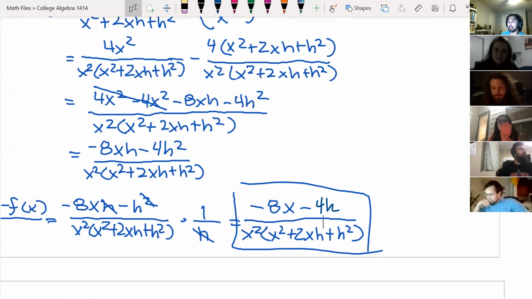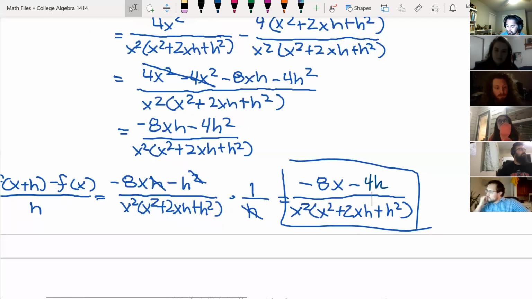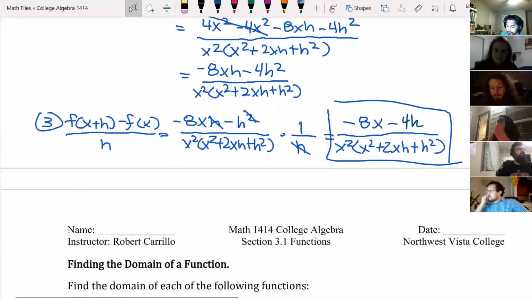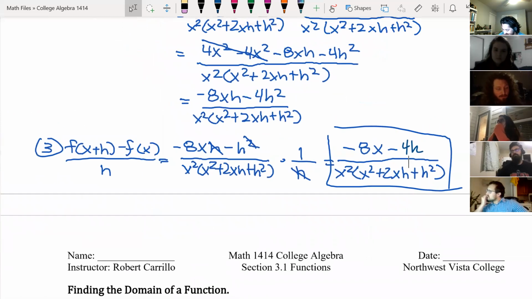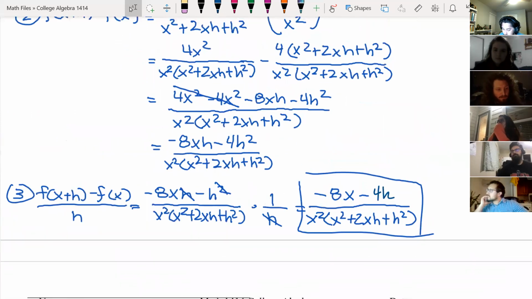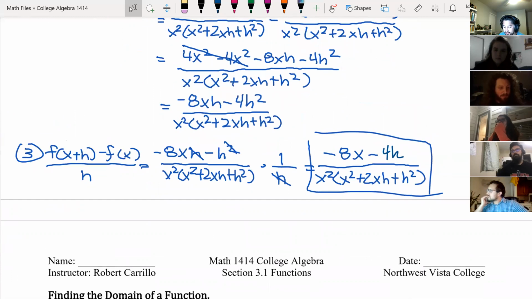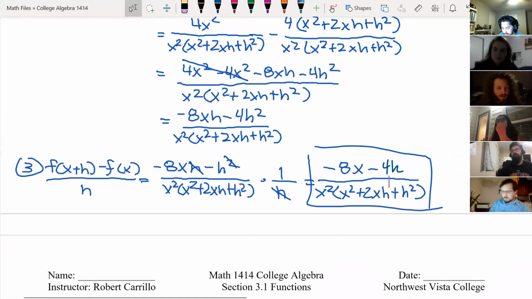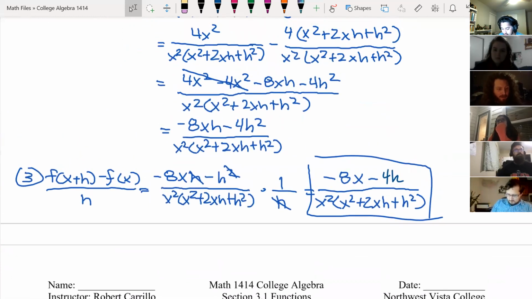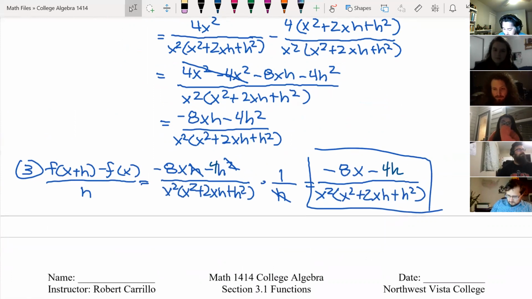Okay, there you go. I forgot it in the whole bottom. And in the numerator, negative 8xh minus, it just says h squared. It should be a 4 in that very first part. There you go. Magical 4s just appear. Perfect.